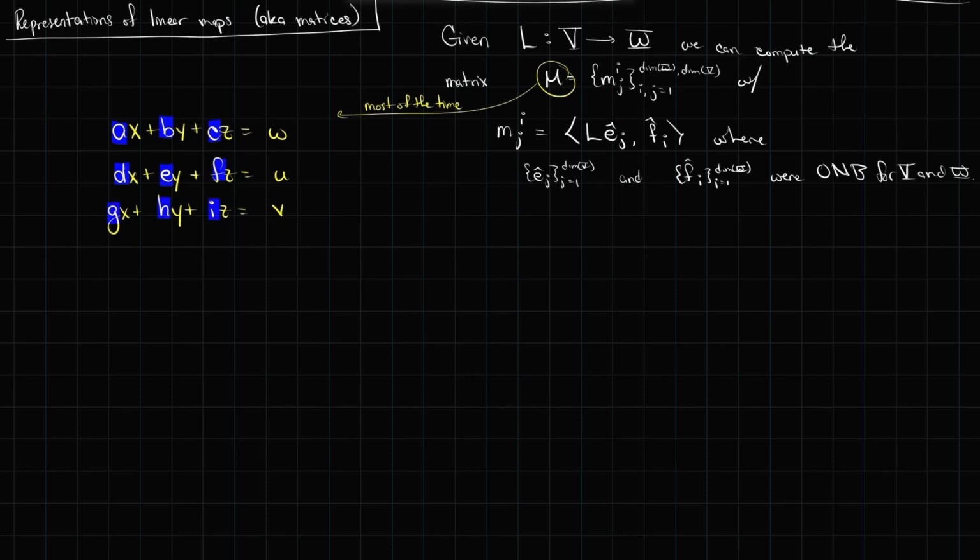And we did, and we got away with that. We would say M was A, B, C, D, E, F, G, H, I.